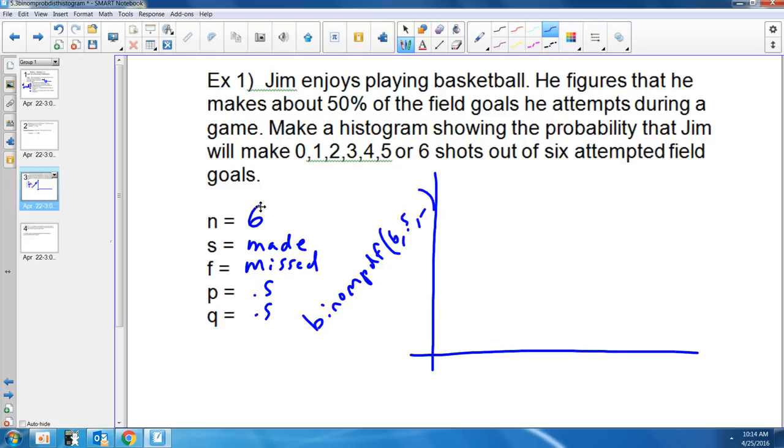0.5 is going to be the P, and then your R is going to be how many you're going to make down here, and this is going to be shots made.